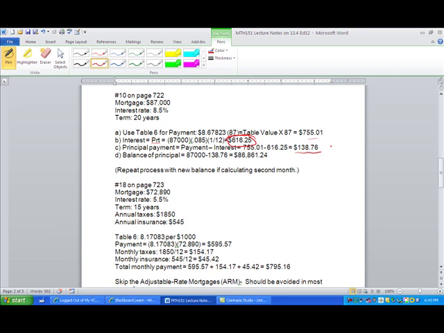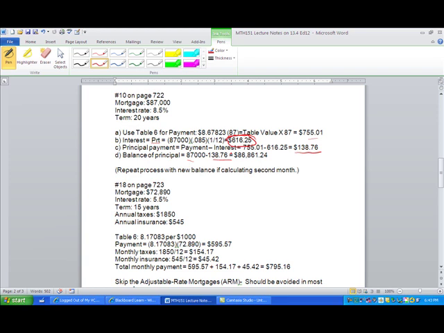So that means our balance of the principal will be $87,000 minus the $138.76 we just found. So we still, at the end of the first month, owe $86,861.24.